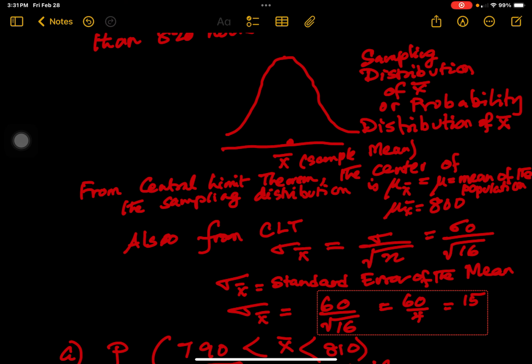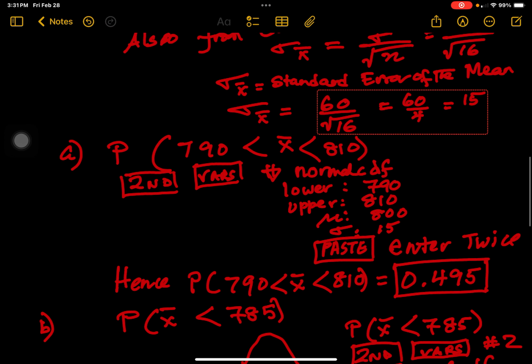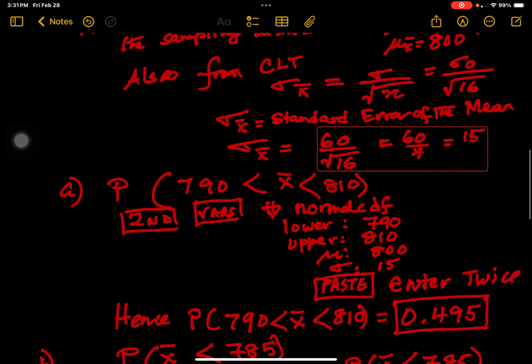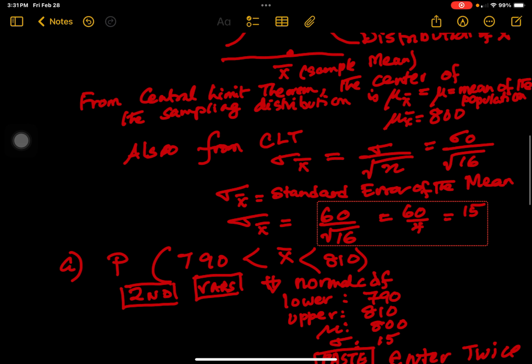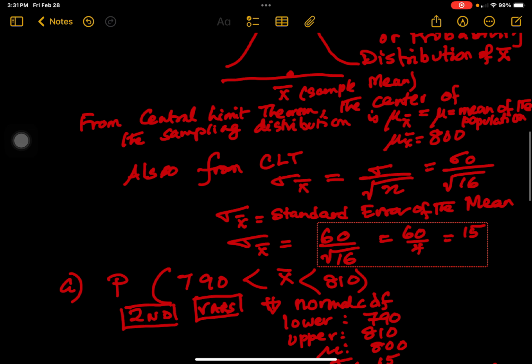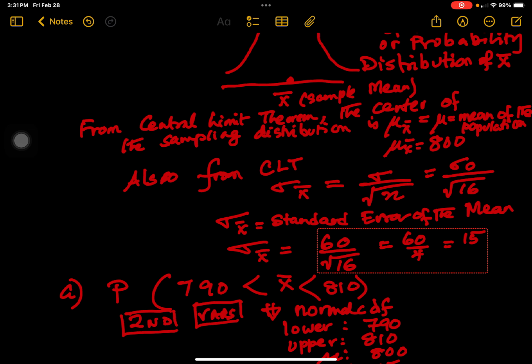The other thing that people often forget, because we are dealing with a sampling distribution: the standard deviation of the sampling distribution, also called the standard error of the mean, is equal to the standard deviation of the population divided by square root of n. Sometimes people forget to divide by square root of n.